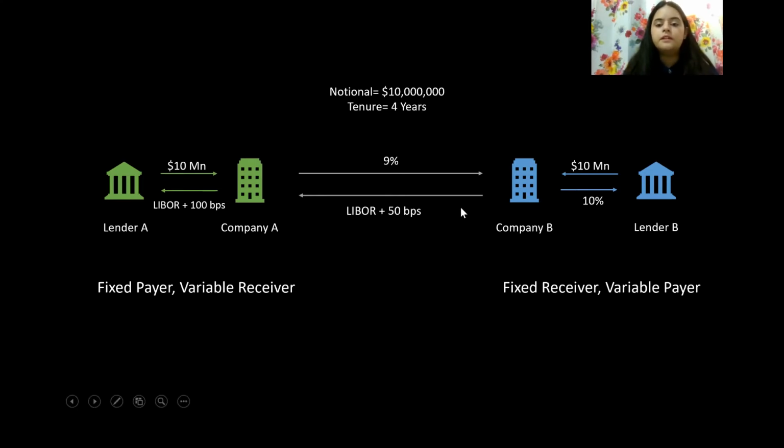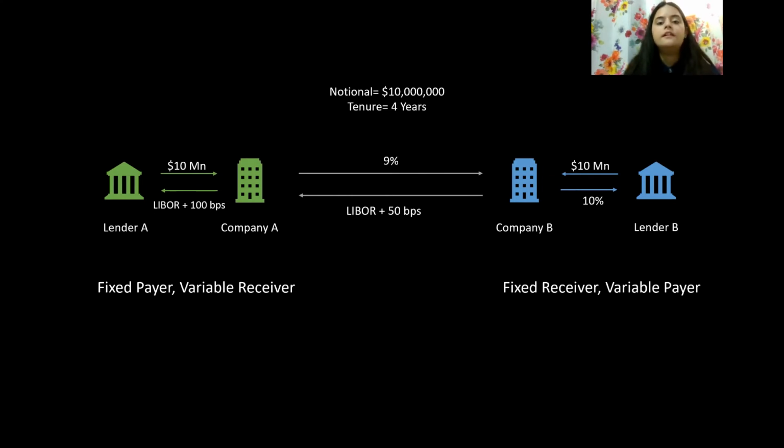When it receives these payments from company A, partially this payment offsets this payment, which reduces the burden, and it is eventually paying only this 9% to company B, which is the fixed rate.